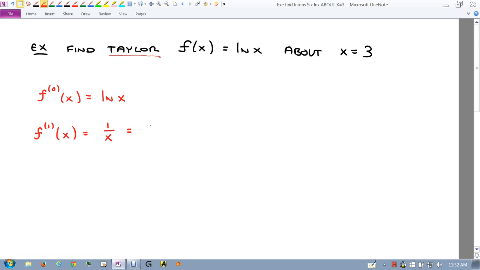Now I'm also going to write that as x to the negative 1, just because it'll help me get derivatives as we proceed. What's the second derivative? It's negative x to the negative 2, which is negative 1 over x squared, but I'll put the other version of it right here. I'm just using power rule on these.